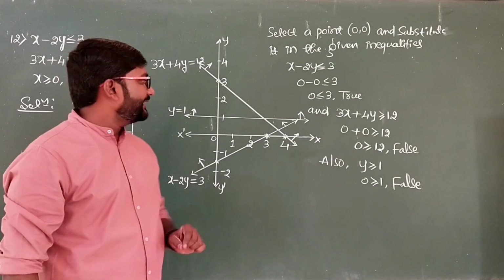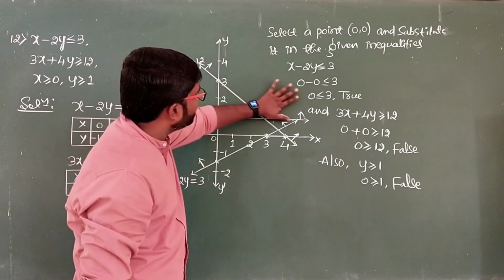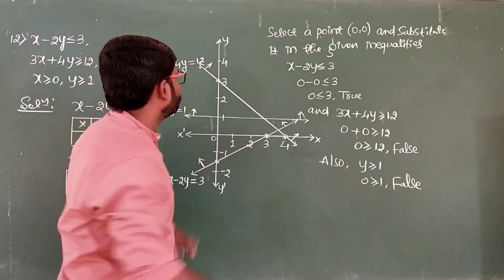So now we have to identify the common region for all the three lines. So it is this portion which is going to be common.